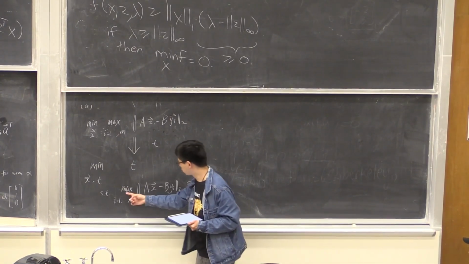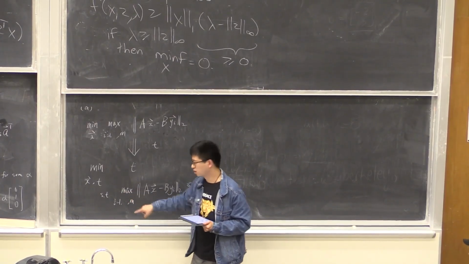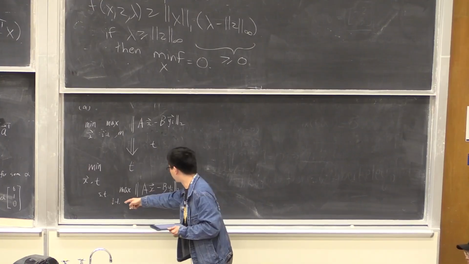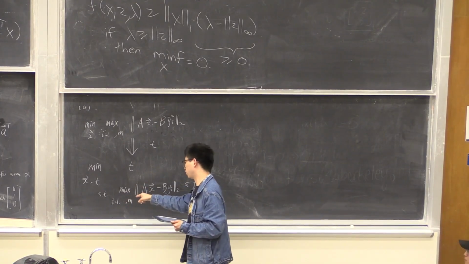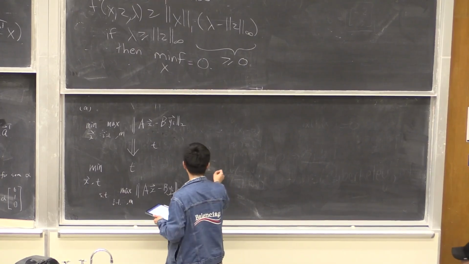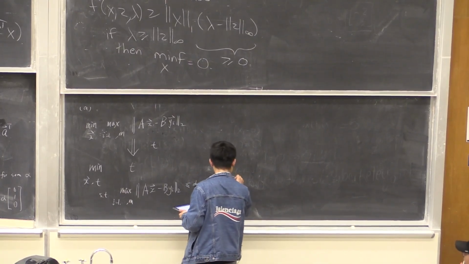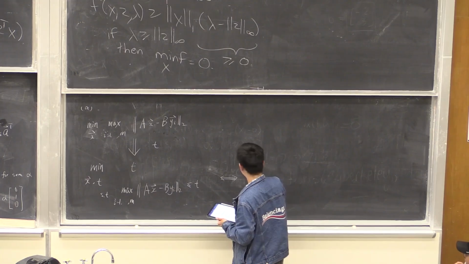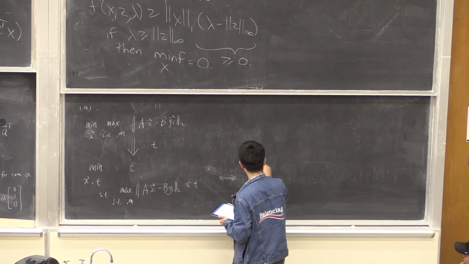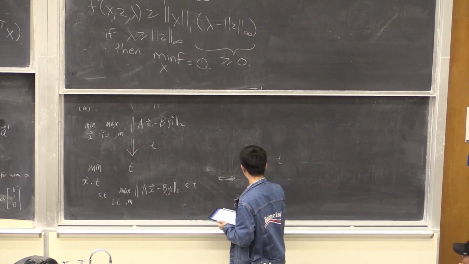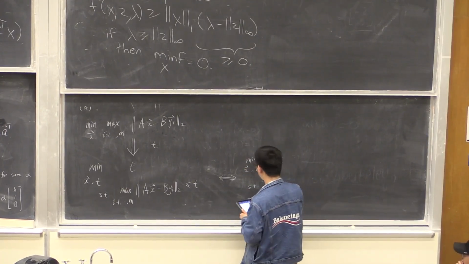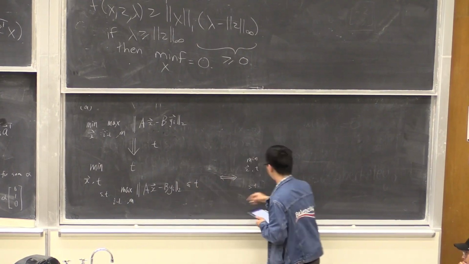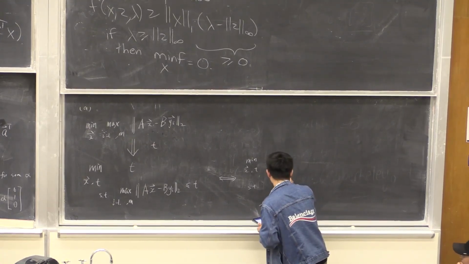But notice that in this constraint we're basically taking the max over these m constraints, which is equivalent to saying we optimize t such that we're just expanding this maximization over the m.